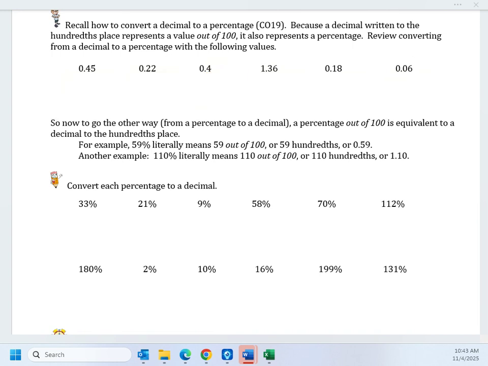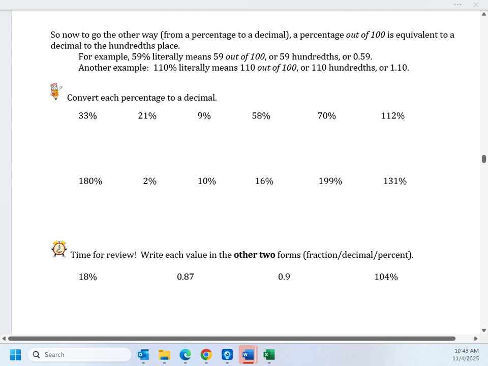So now to go the other way, from a percentage to a decimal, a percentage out of 100 is equivalent to a decimal to the hundredths place. For example, 59% literally means 59 out of 100, or 59 hundredths.